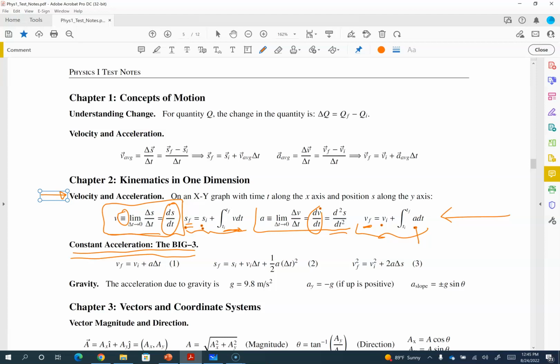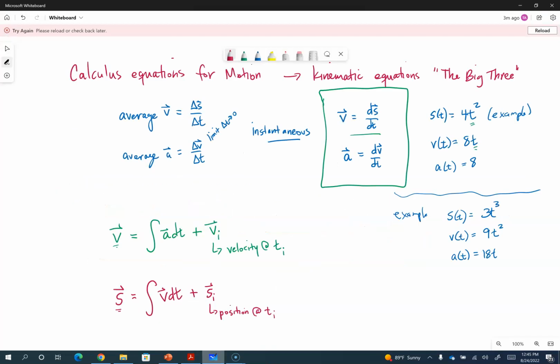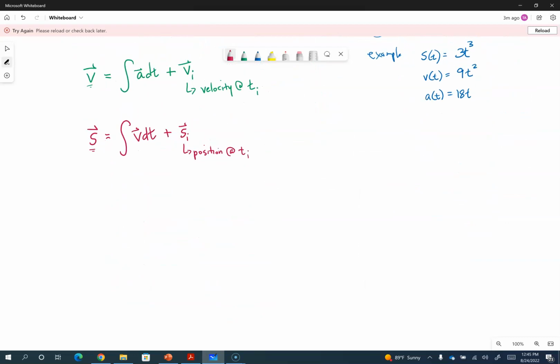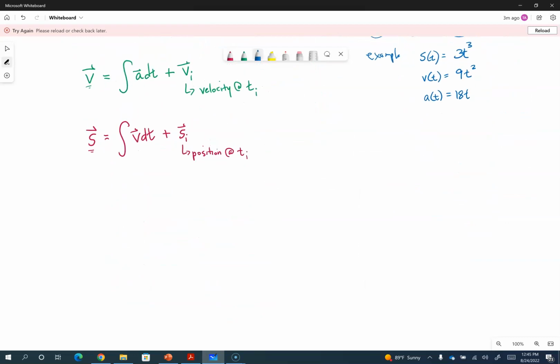So I want to talk about these equations for just a minute. Coming back to this whiteboard, using these relationships, let's talk about constant acceleration for just a second. We are still assuming linear motion, meaning our object is moving in a straight line.